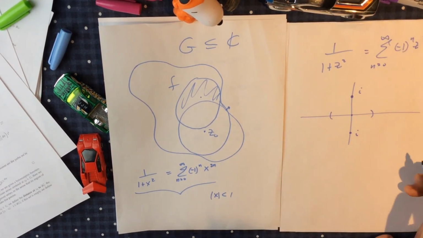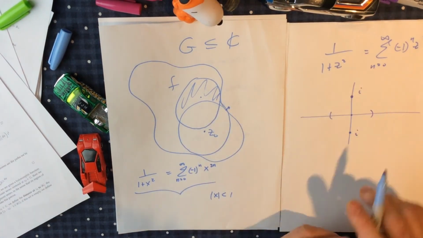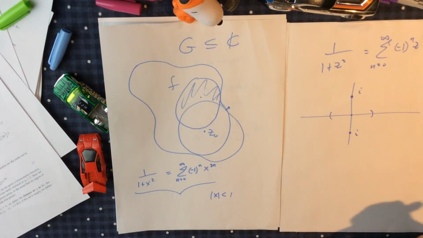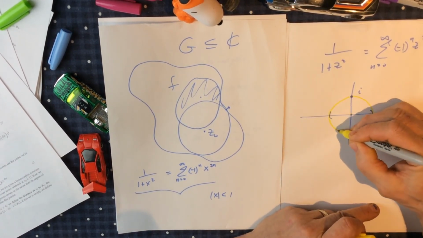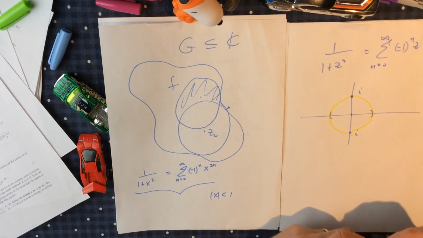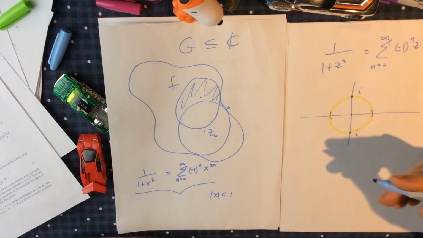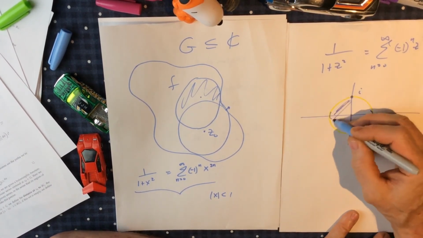Well, let's look at the complex plane. This function is holomorphic. What is the largest disk centered at 0? Well, that disk will come up and hit right at i and minus i, and that's where we lose holomorphism.